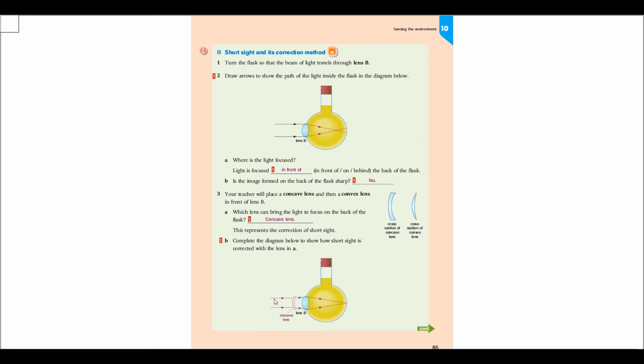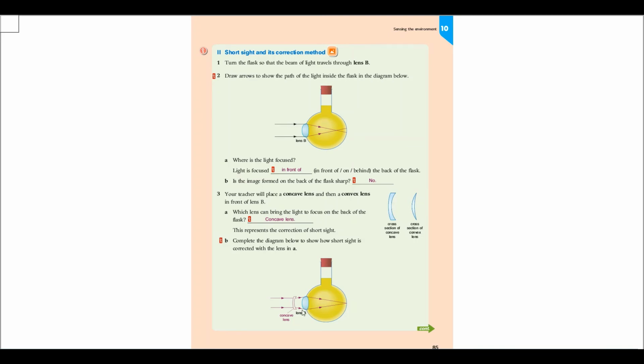You can see here when the light is parallel, it then goes in the opposite direction, so they become more separated. And then the lens changes the direction again, so that after this correction, a sharp image will be formed at the back of the flask. This is how a concave lens works, to solve the problem of short eyesight.